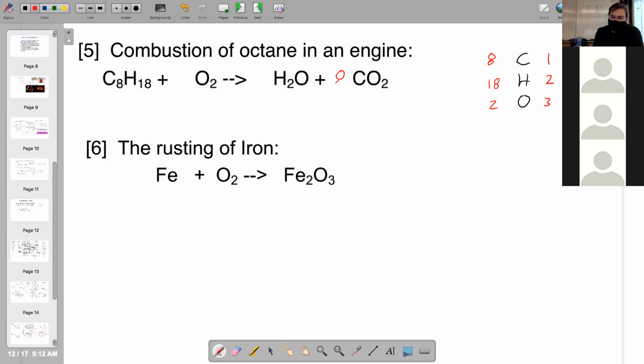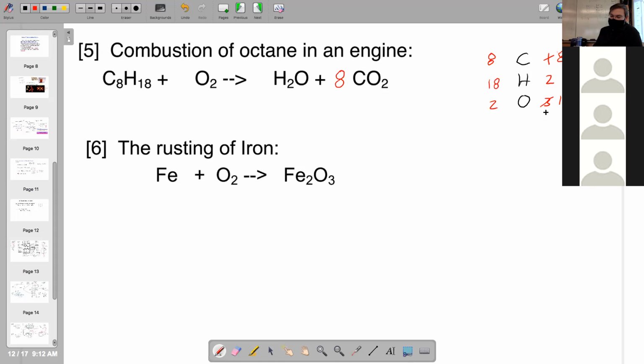So if you stick an 8 in front of that CO2, now that changes the number of carbons to 8, and it changes the number of oxygens to 17. 17 is a horrible number, because the least common multiple of 17 and 2 is 34, which is not fun.